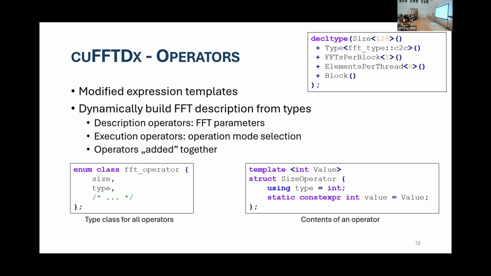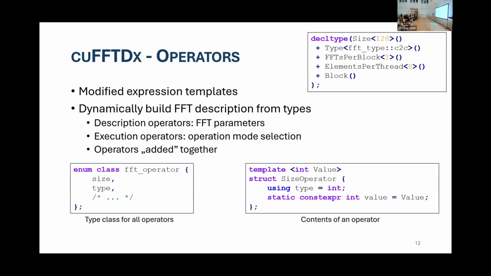And by using decltype, we actually deduce the type of the result of this expression without evaluating the expression, meaning we have a compile time something that can actually do Fourier transforms. And it is achieved with this concept of operators.